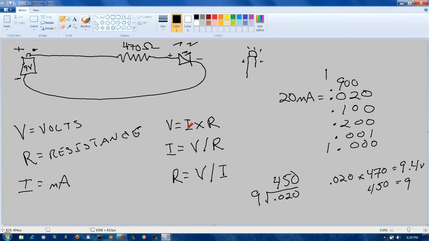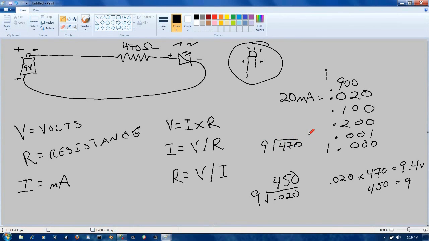Okay. So we figured out our resistance when we had the volts and the amps. We figured out our volts when we had the milliamps and the resistance. Now, let's figure out from the resistance and the volts what our milliamps are, what this guy is drawing on our circuit. And that's very easy. Once again, it's the math. It's 9 divided by 470.